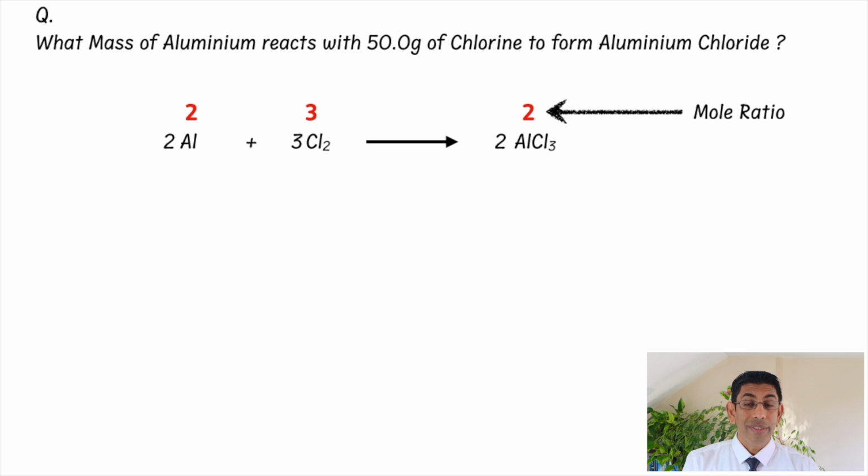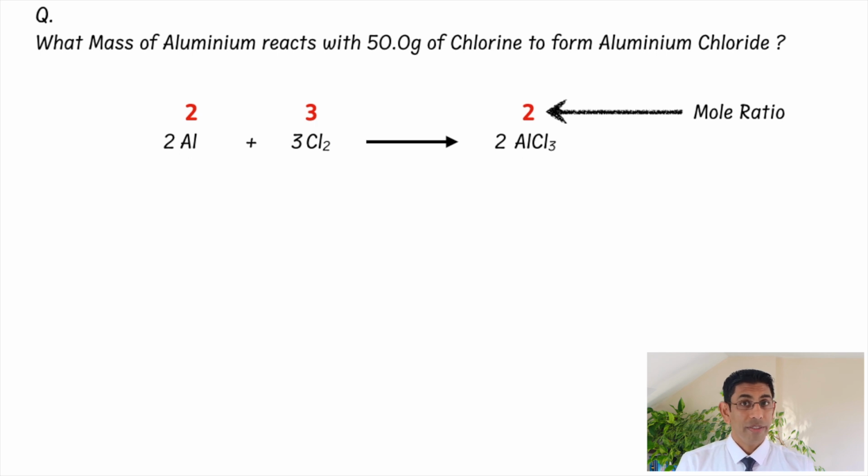Please note, these mole ratios are very important in your quantitative chemistry calculations, because all your calculations after this are going to depend on these ratios. In most questions, you will be given a balanced equation to start with, but in some cases, you have to write the equation and balance the equation before you do any calculations.